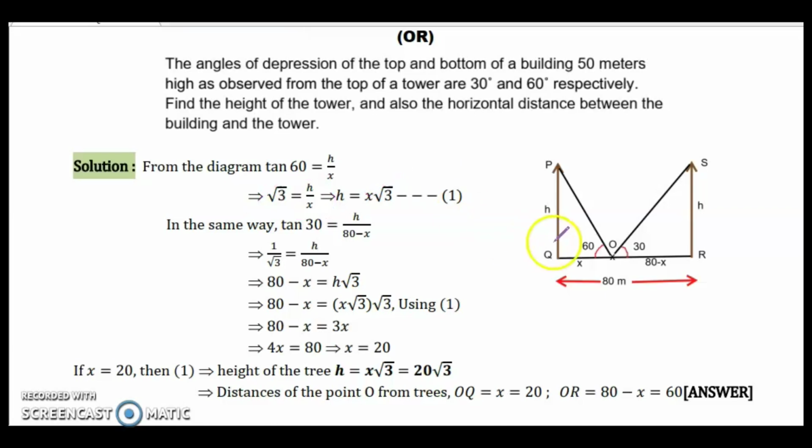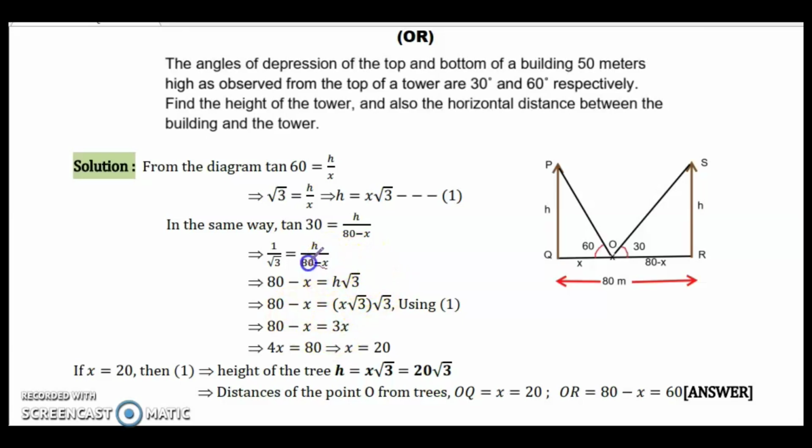In the same context, consider the second triangle, that is ORS. From this, what is tan 30? That is equal to h by 80 minus x, opposite side by adjacent side. We are making an evaluation here.